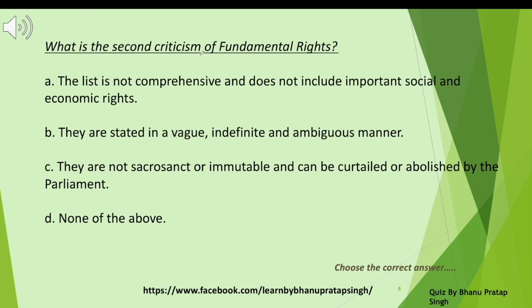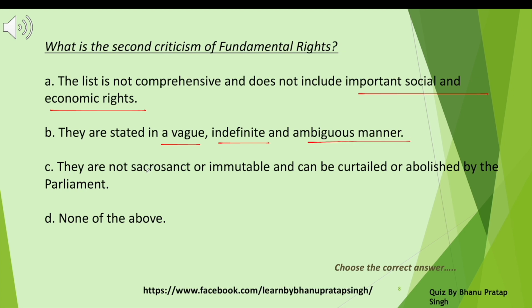What is the second criticism of fundamental rights? As I said, there are multiple criticisms. So what is the second criticism? Option A, the list is not comprehensive and does not include important social and economic rights. Option B, they are stated in a vague, indefinite and ambiguous manner.